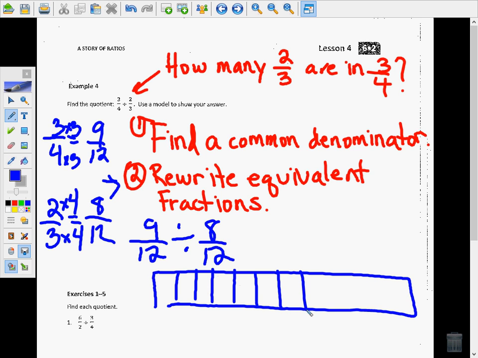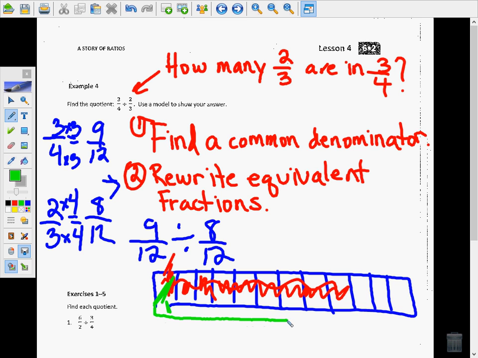We can draw a model for this by cutting a tape diagram into 12. Here's my 12. I want to do 9/12 divided by 8/12. So I should shade in 9 of those 12. Now we have to figure out how many groups of 8/12 I can get into 9/12. So I'm going to circle or put a bracket for my 8/12, which is right here.